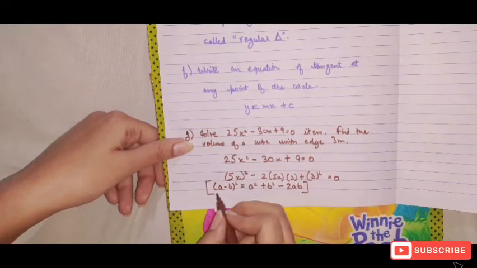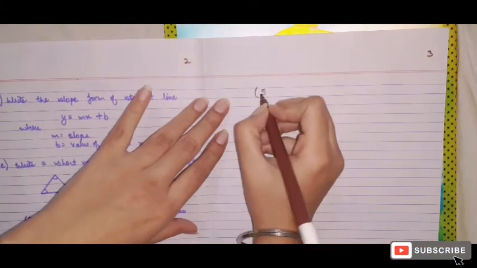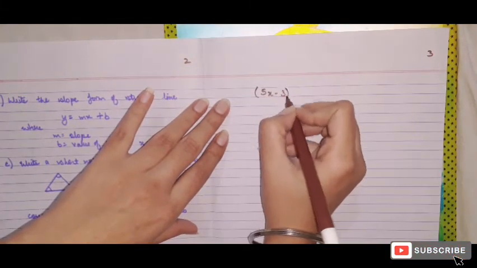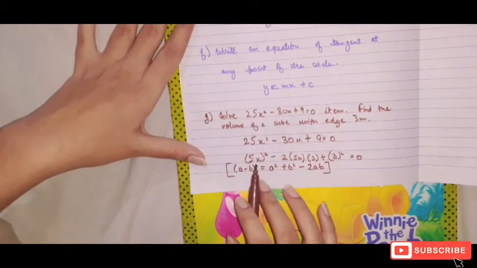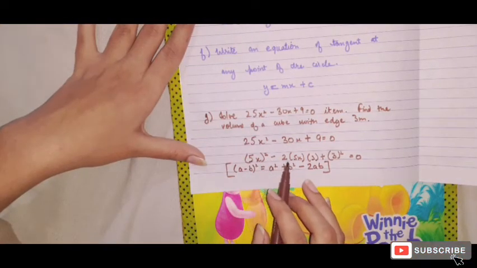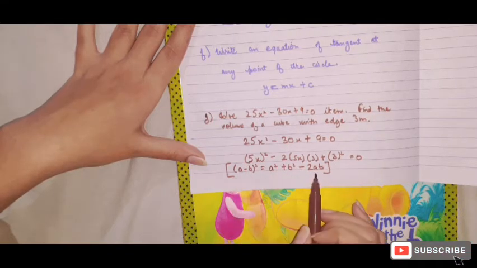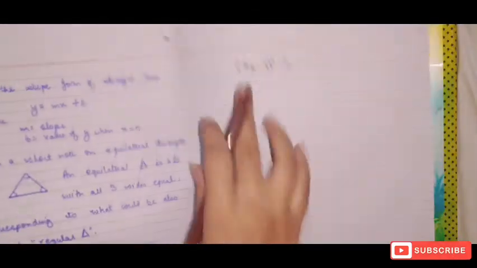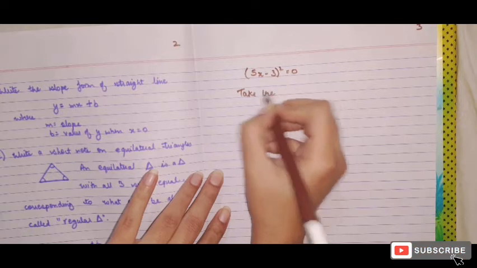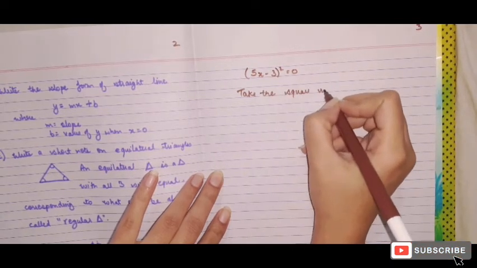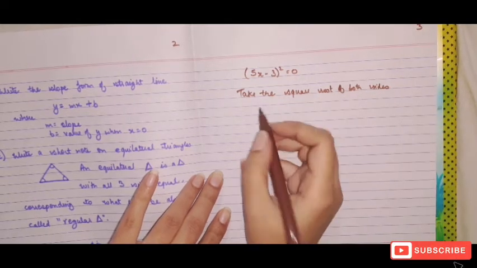As you can see, this expression equals (5x minus 3) whole square equals to 0. Now take the square root of both sides.